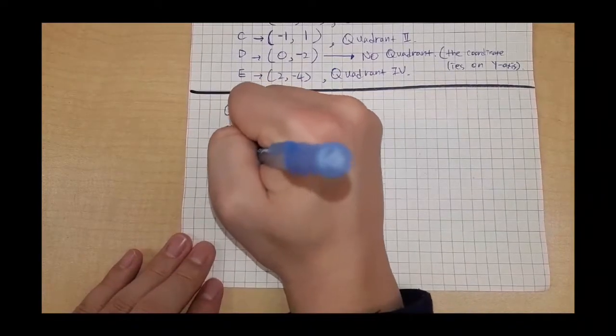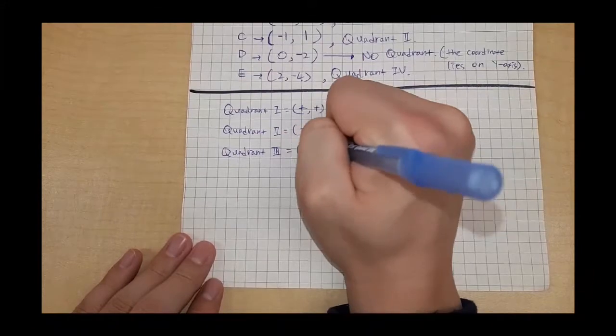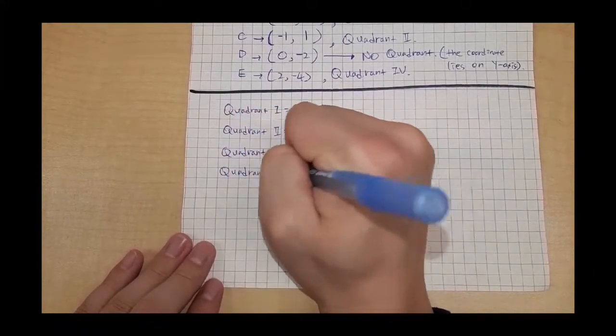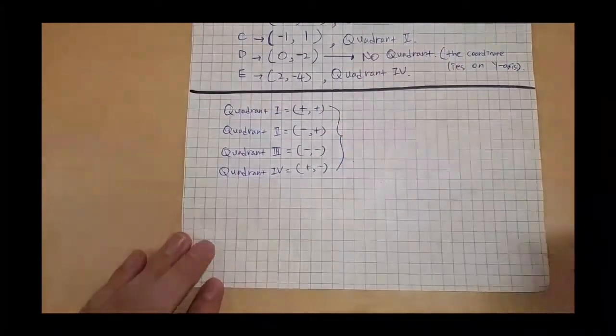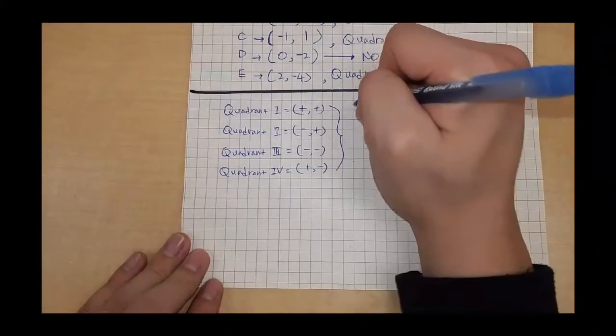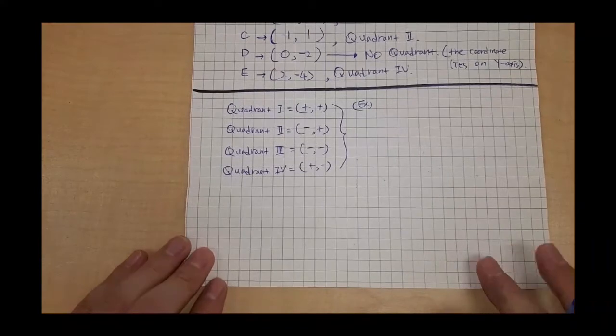Quadrant 3, that's both negative and negative. Quadrant 4, that's positive and negative. So as long as you know this rule, you don't actually have to draw the coordinate. You can actually answer the question just like that too, if you know some coordinate.